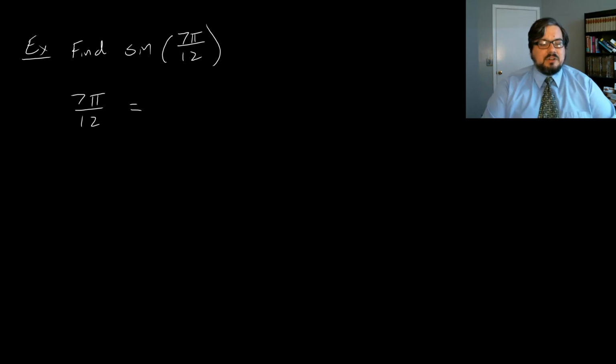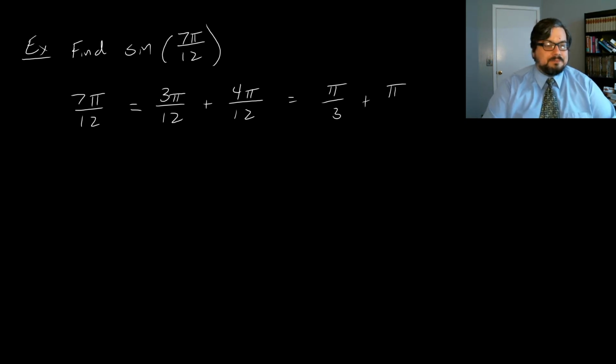However, it turns out that we can write 7 pi over 12 as 3 pi over 12 plus 4 pi over 12, which is the same as pi over 4 plus pi over 3.